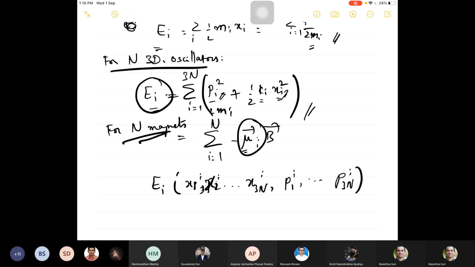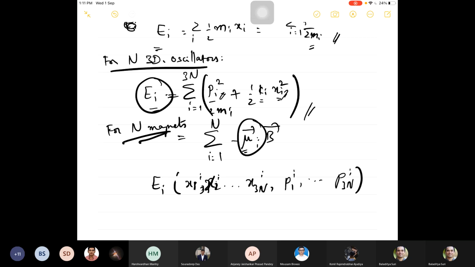There will be other degrees of freedom, but the only ingredients that go into even defining the angular momenta are the momenta and the coordinates of the particle, right? It's r cross p for every particle. And that's the only angular momentum that you can define for a classical particle.